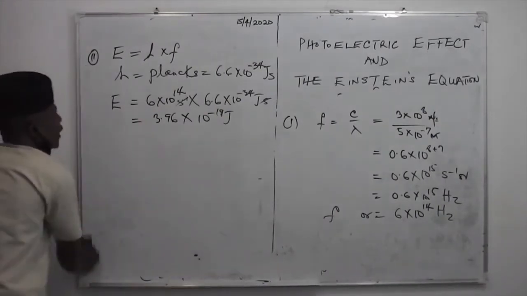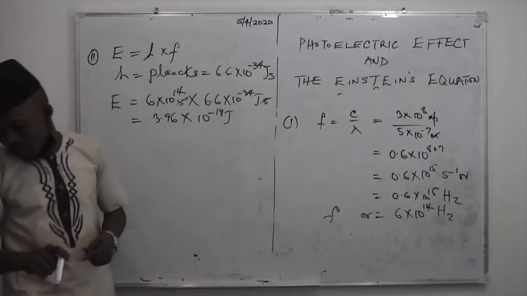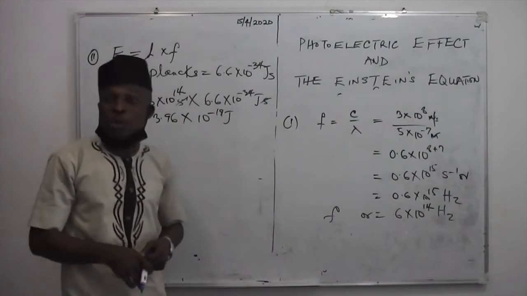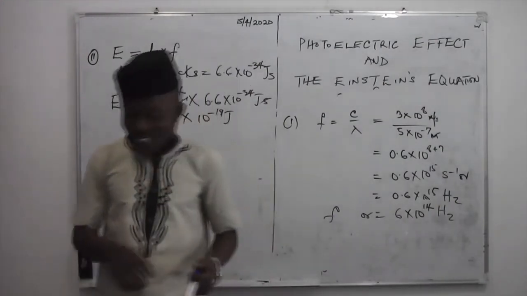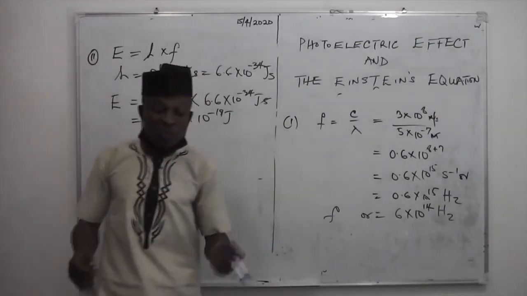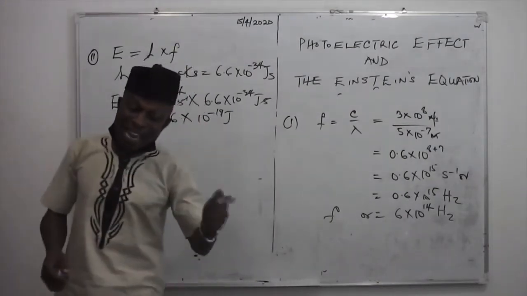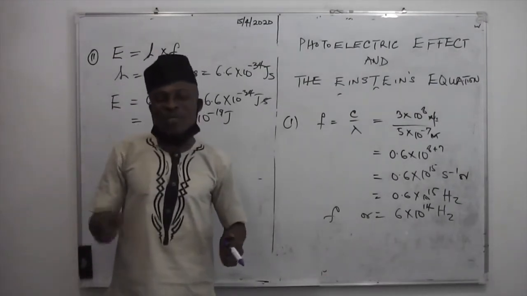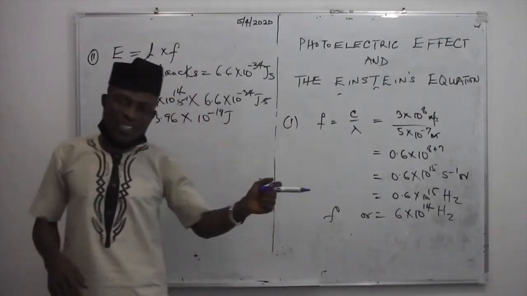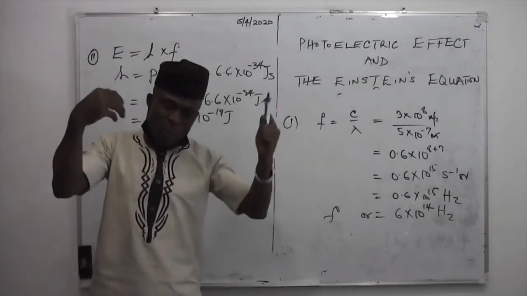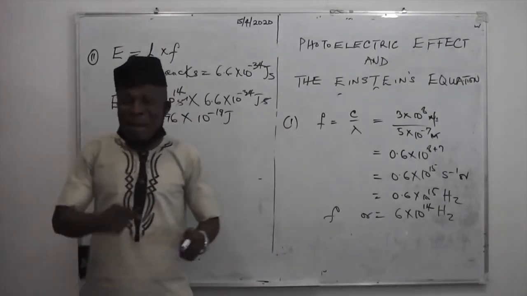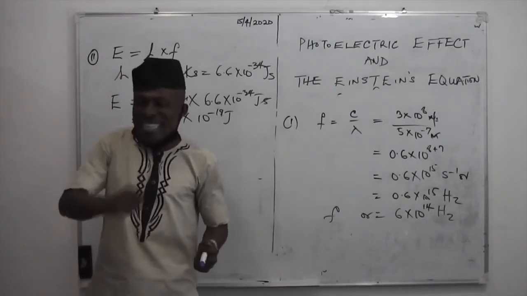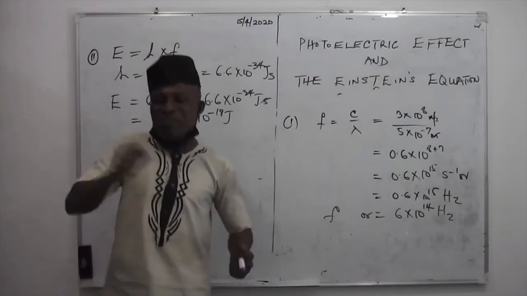Finally, we are supposed to compute the maximum kinetic energy of the photoelectrons. Earlier I told you that Einstein said the ejected electrons move with a particular speed and possess a particular energy called kinetic energy. This kinetic energy of the moving electrons is the difference between the energy of the photons of radiation getting to the metal, minus the work done, the energy expended in removing the electrons from the atoms and away from the surface of the metal.